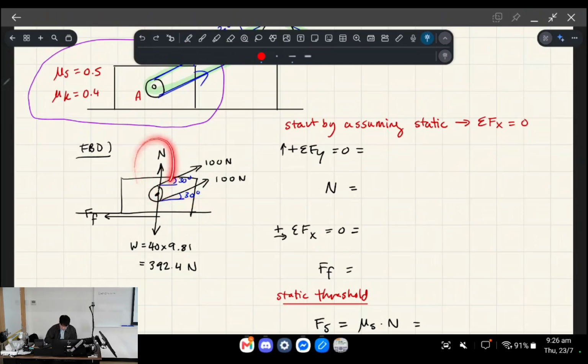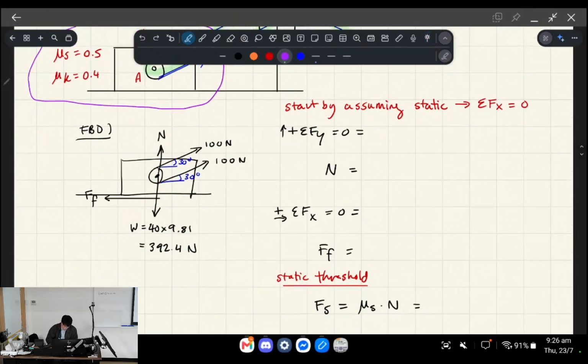And we've also got the normal force. So when we're doing these questions, we always have to find the normal force first before we find friction, because friction is dependent on normal force. Okay, so we sum the forces in the direction of the normal force, right?